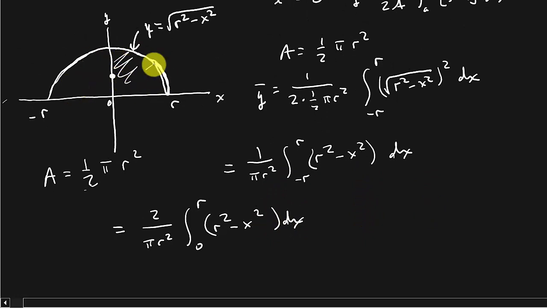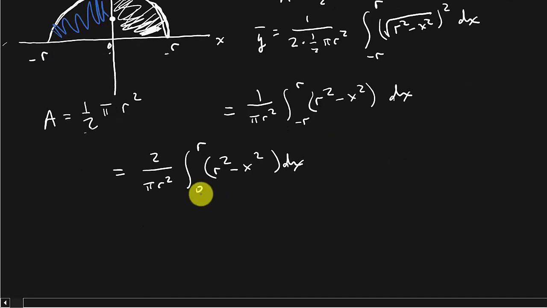So isn't this area right here the same as this one? So why not just find this area right here and integrate from 0 to r and then double it? That's where that 2 comes from. Okay? It makes it easier for when you evaluate at 0.